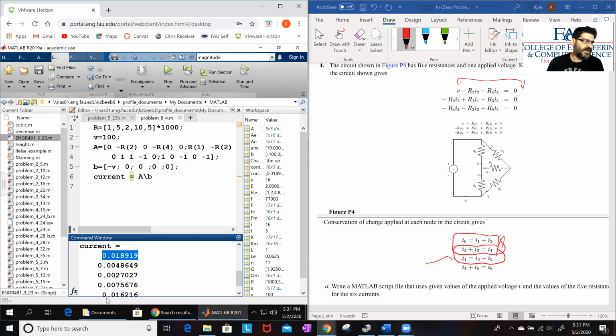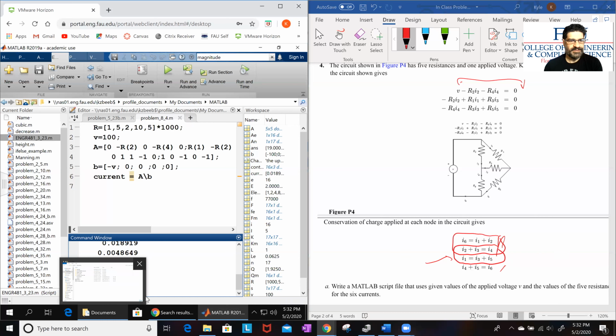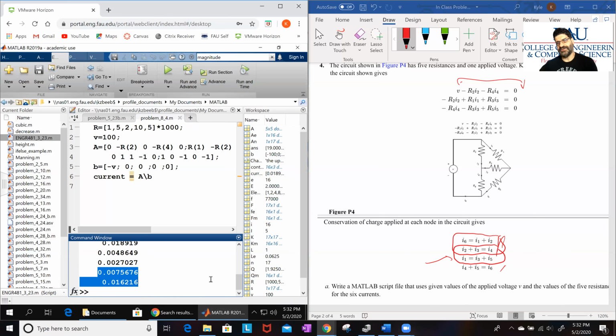Okay, so these are the currents. Now, as far as I6, if you really want to find I6, you can just use one of these equations: I6 will be equal to I4 plus I5. If you just add these two here, it will give you I6. So in a way, it's an overdetermined problem.